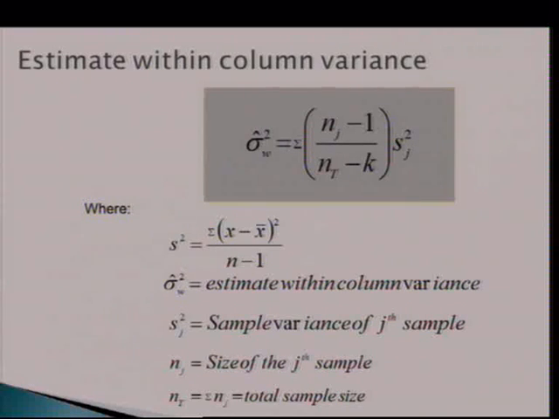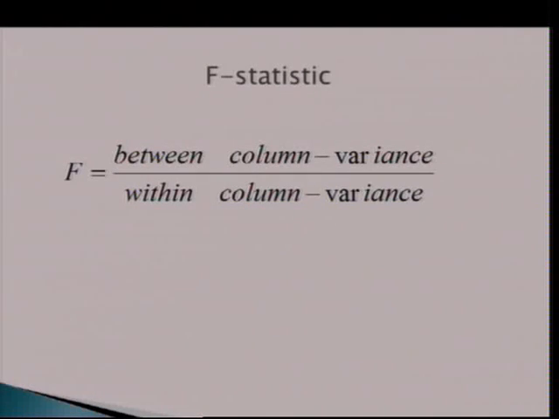The notation is the estimate of the within column variance, Sj square is the sample variance of the jth sample, Nj is the size of the jth sample, and Nt is the total sample size, which is nothing but the summation over Nj. Now the F statistic we calculate here, like the earlier Z statistic or T statistic.